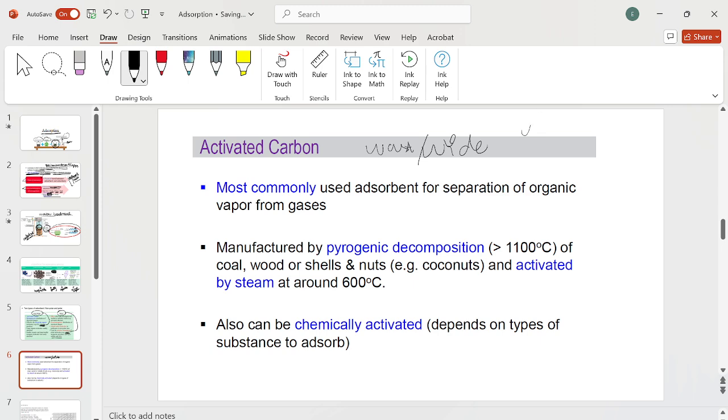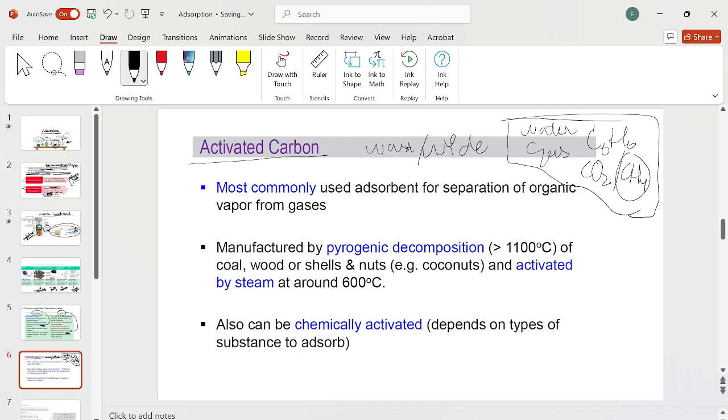It can be used for water treatment, and it can be used for gas separation, also for CO2 and CH4 removal, and mostly for C6H6, benzene and toluene. So there are many categories, many applications, many fields in which we can use activated carbon.